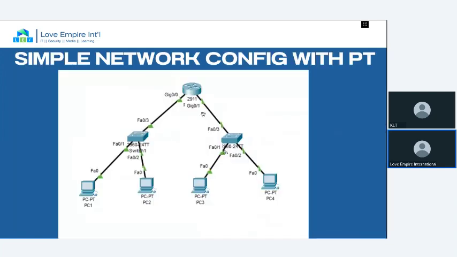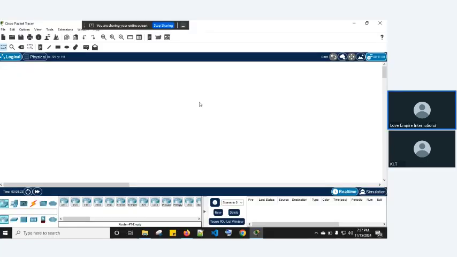So tonight on our Packet Tracer, this is what we'll do: design a simple network like this, and I will show you how to configure the router and how to configure each and every one of those sites. It's just like a simulation tool where you can design your network before you go and implement it physically.